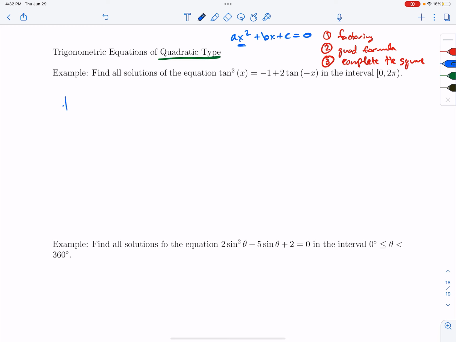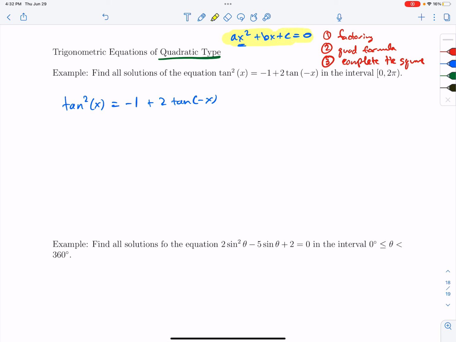So tangent squared of x is equal to -1 plus 2 tangent of negative x. Okay, so just like when we were solving regular quadratic equations back in our algebra days, what we'd want to do is always set this equal to 0, and we want to put it in descending order.